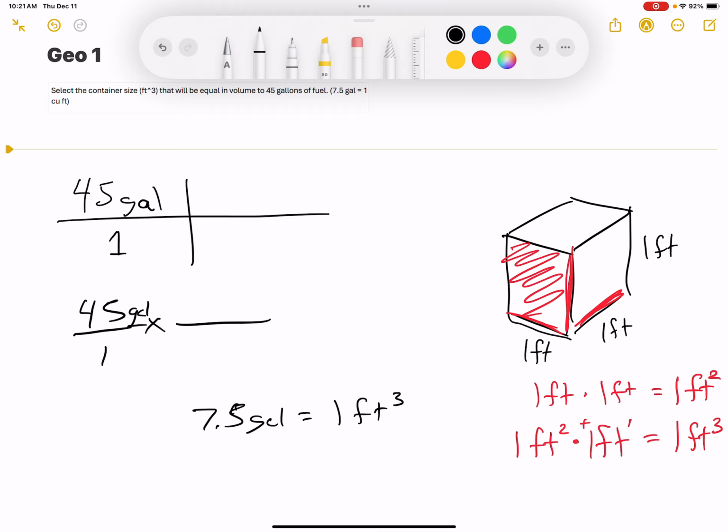With this conversion, we know that this side and this side are equal, because that's what an equation is. So we can make this either 7.5 gallons over 1 foot cubed, or 1 foot cubed over 7.5 gallons. These are both the same thing.